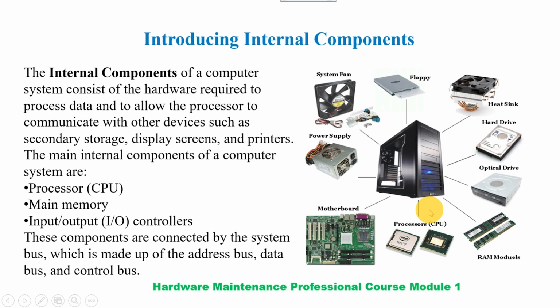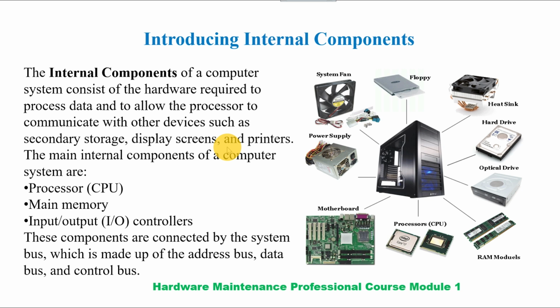We will start by introducing the internal components inside a system. The internal components of a computer system consist of hardware required to process data and allow the processor to communicate with other devices such as secondary storage, display screens, and printers.